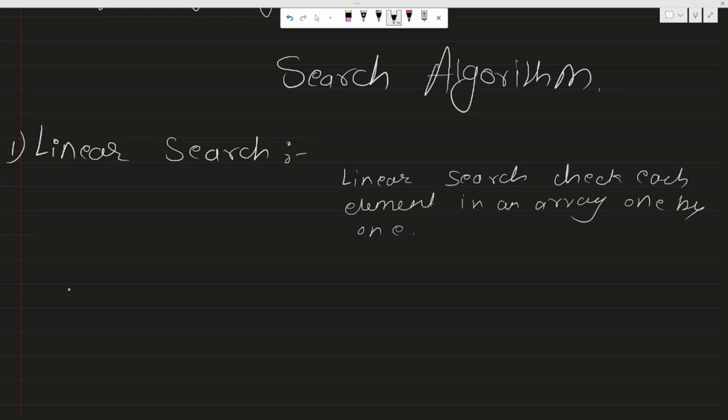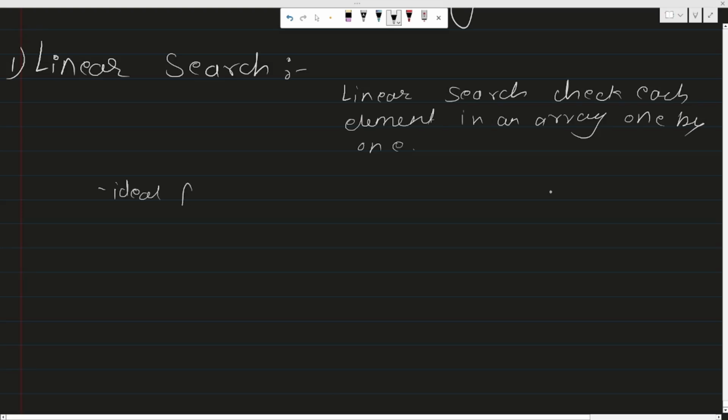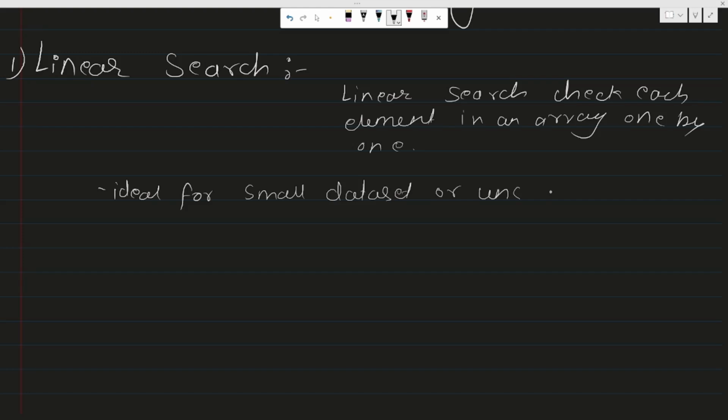It's ideal for small datasets or unsorted arrays. Let's take a real-world example.